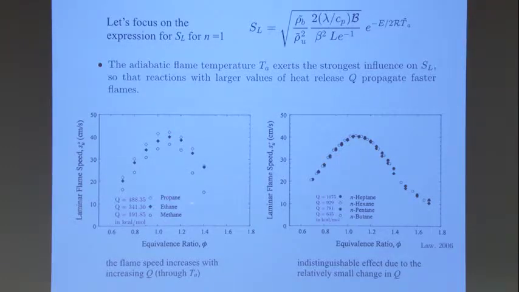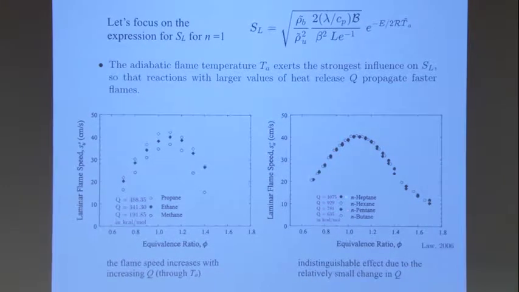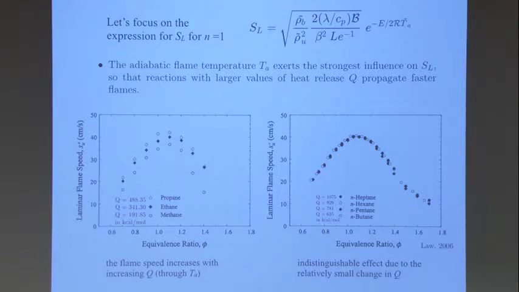On the other hand, butane, pentane, hexane, heptane, the heat release increases, but by a relatively small percentage from one to another, and you see that the flame speed doesn't change by very much. So the idea here was to illustrate the dependence of the flame speed on the heat release, right? It makes sense that with more heat released, the flame propagates faster, and that's indeed exhibited in this relation.